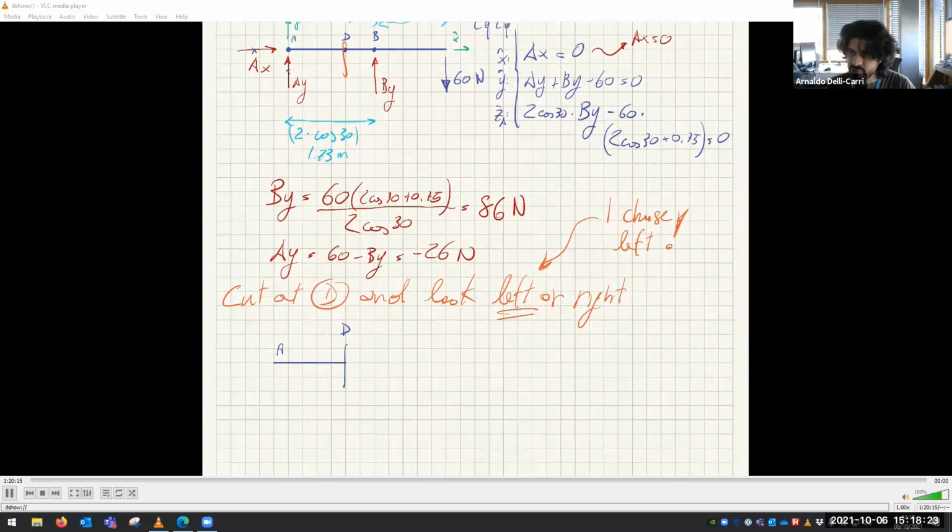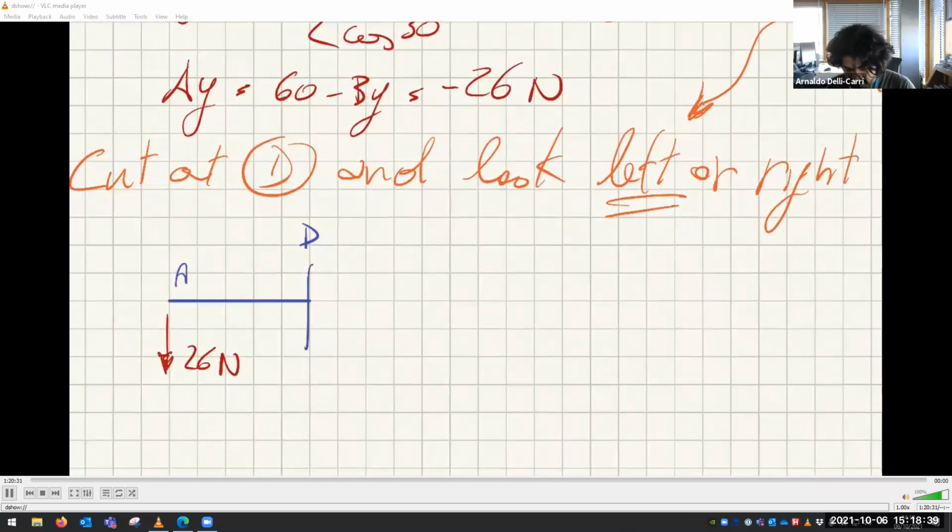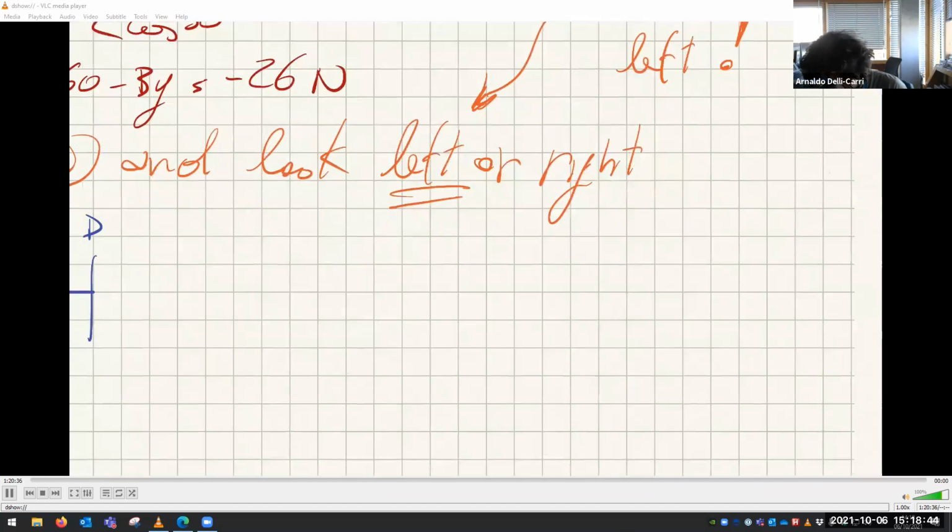So Ax is 0, so I'm not drawing it. And Ay is minus 26. So let me draw it down here. Let's say this is 26 newtons. And now where I cut here, I must expose the internal forces. Remember the sign convention I told you about.